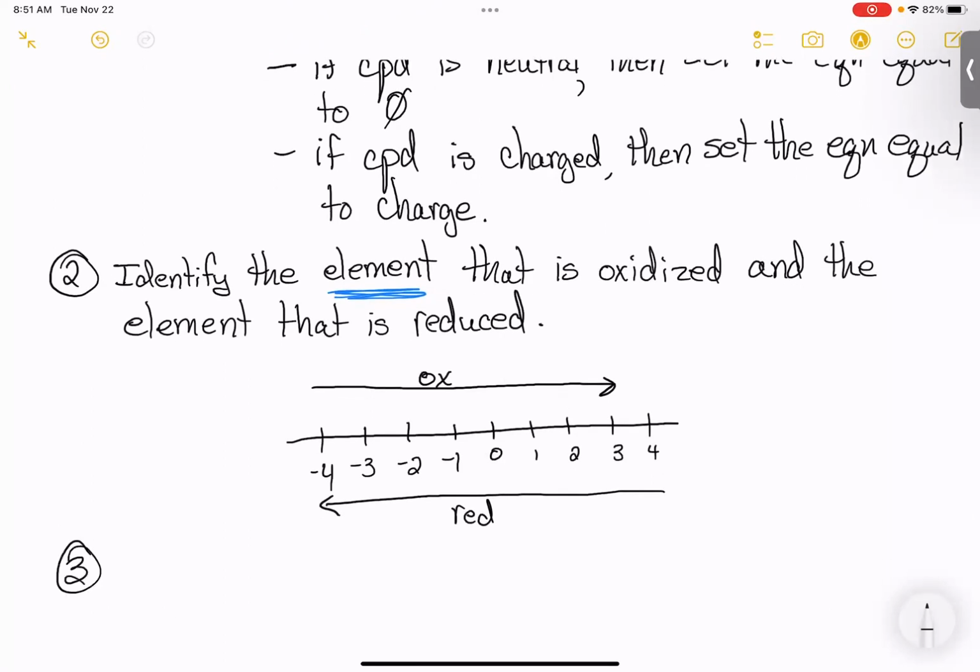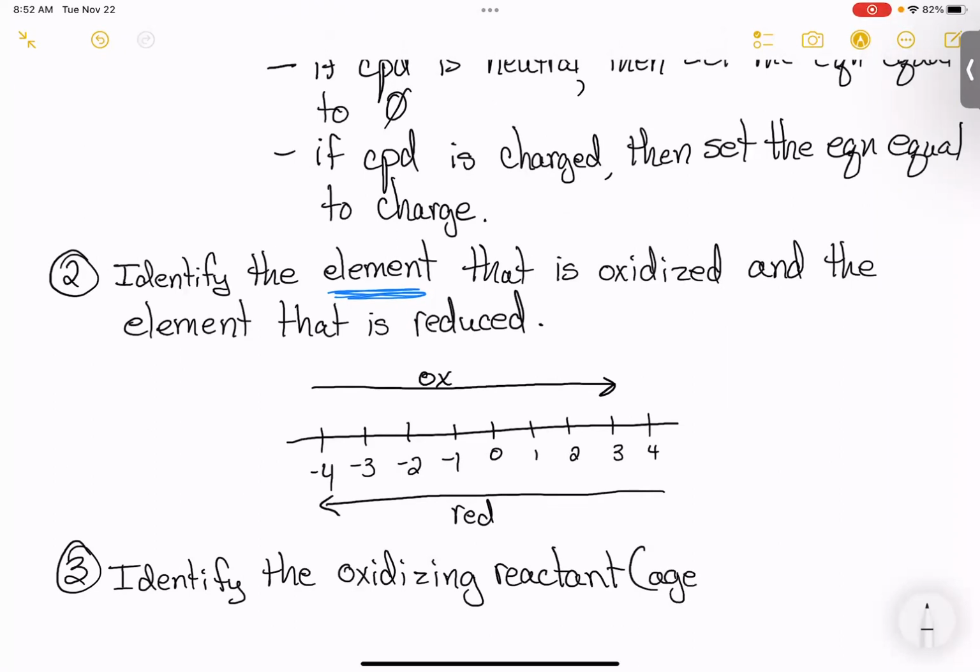The last part of this is we will identify the oxidizing reactant, which you may see written as oxidizing agent, means the same thing, and the reducing reactant.